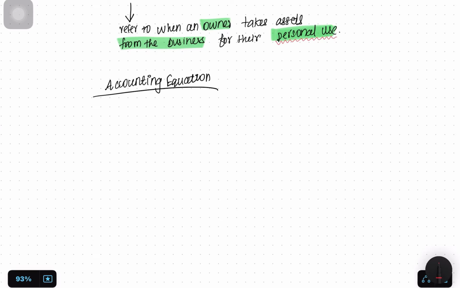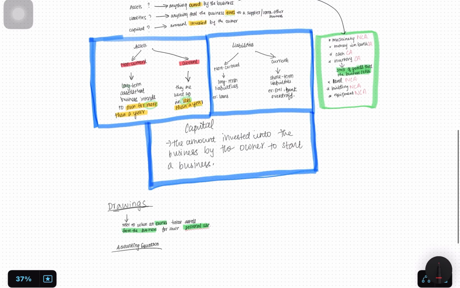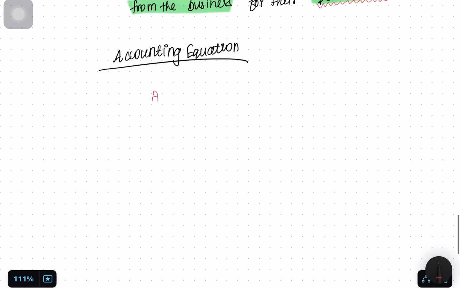In the same way here, since we learned about assets, liabilities and capital, we have an accounting equation where assets of a business is equal to its liabilities plus capital. Assets is equal to liabilities plus capital.